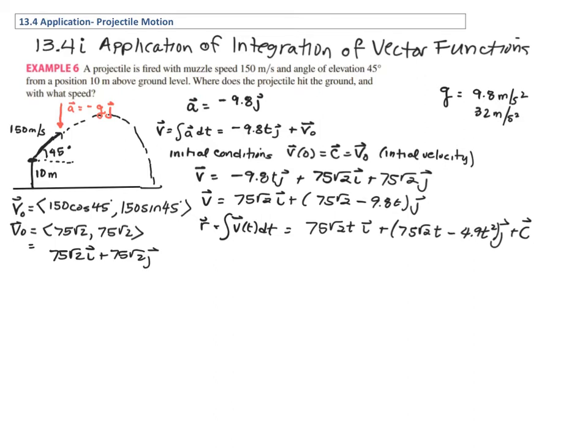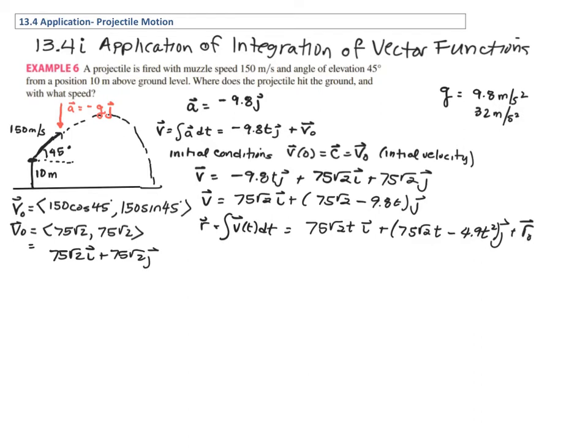In fact, using the same sort of explanation that I did here, this constant turns out to be the initial position vector, because this is the position at any time. If we put in time 0, this is all 0, this is all 0, and this is what's left. So this constant of integration is going to end up being the initial position.